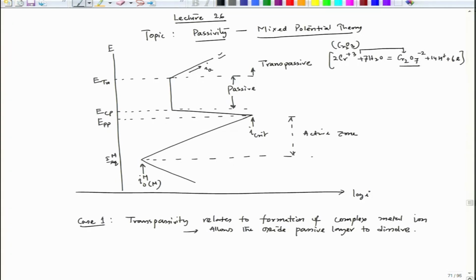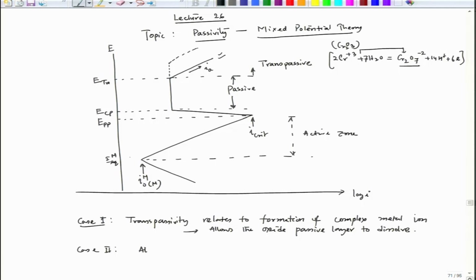And then there could be another situation, case 2. This is case 1 and this is case 2. Let us say in case of aluminum, if we increase the potential further, the plot can be like this.